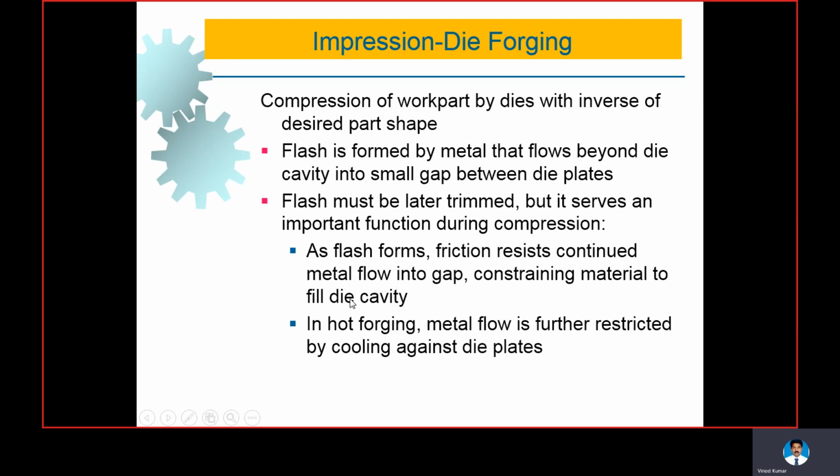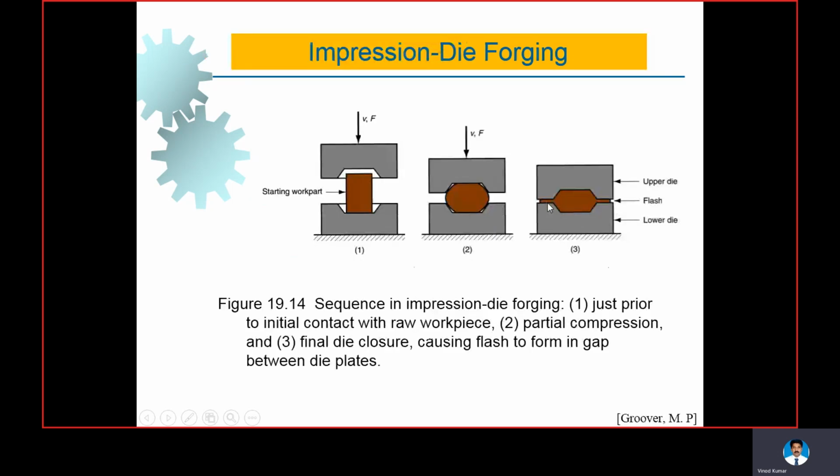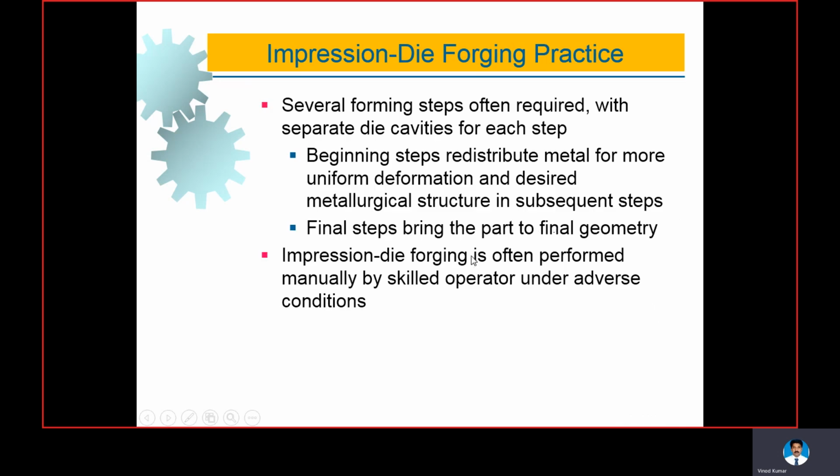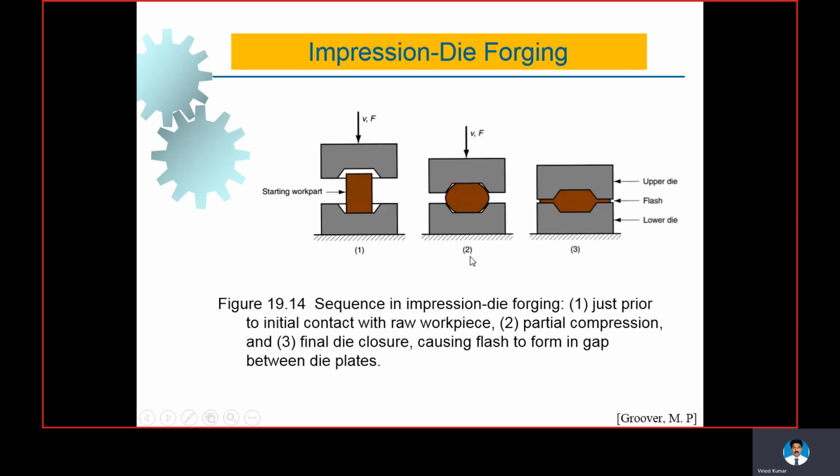As flash is formed, the material is not allowed to move through the small gap, so it will be confined and allowed to flow within the cavity to get a perfect shape. Even though the flash has to be removed from the final finished product. So this is all about impression die forging.